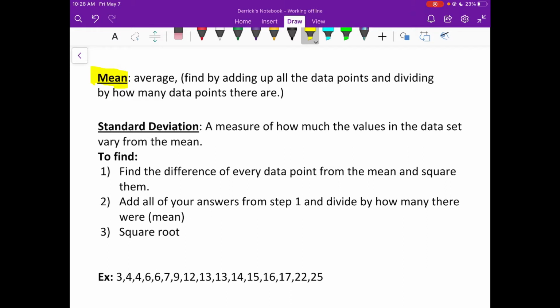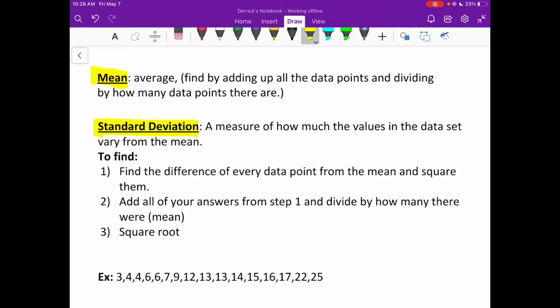Now once you have found the mean, then we will be able to find the standard deviation, which is what I actually want to talk about today. As the definition says here, standard deviation is a measure of how varied your data is. It's how much the values in your data set vary from the mean. So it's kind of a measure of distance. You could think of it the same way as absolute value to some extent.